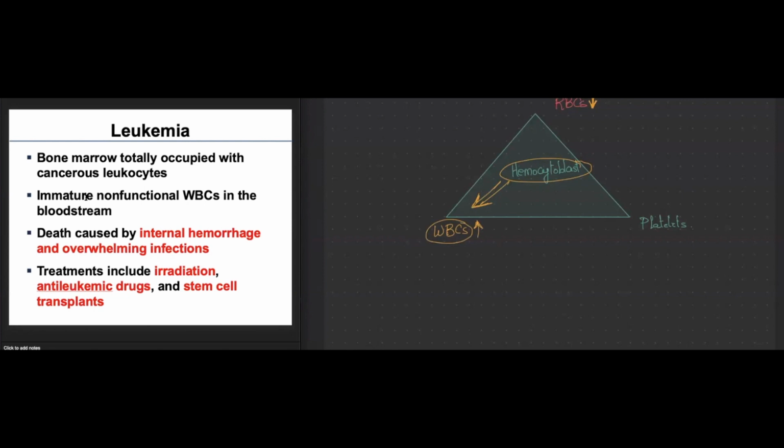And remember, what type of anemia would I have? Not producing red blood cells. I have a defect in my red bone marrow, not being able to construct red blood cells. This is what we've called aplastic anemia. I'm not able to produce red blood cells.